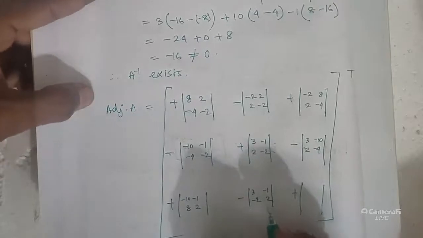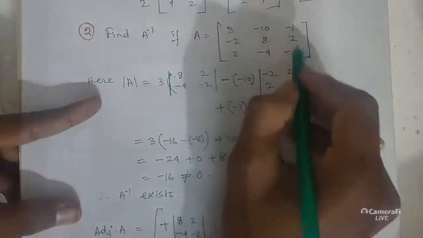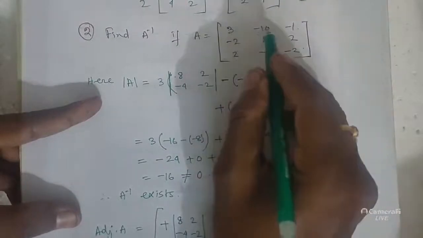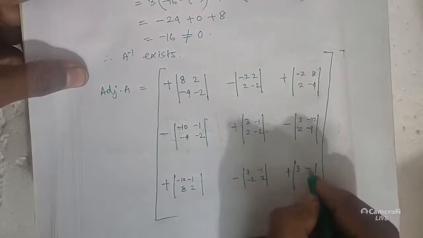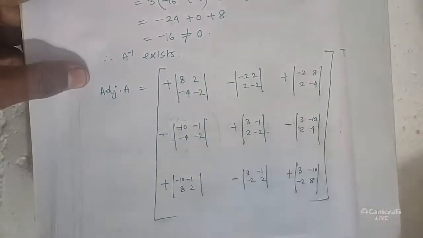Next third row, third element. So third row, third column of 3 minus 10, minus 2 8.